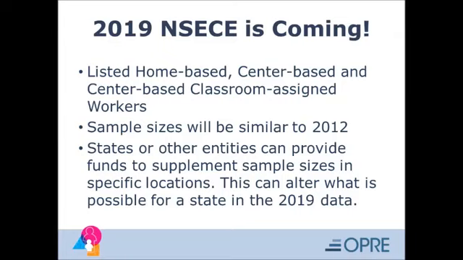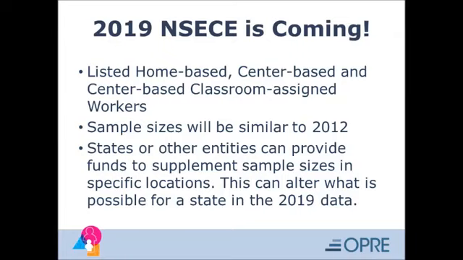At present, we expect that sample sizes for those three groups will be roughly similar to what they were in 2012. And so whatever is feasible in terms of state-specific analyses in 2012 data will likely also be feasible in terms of 2019 data.